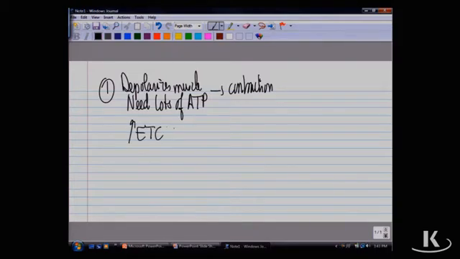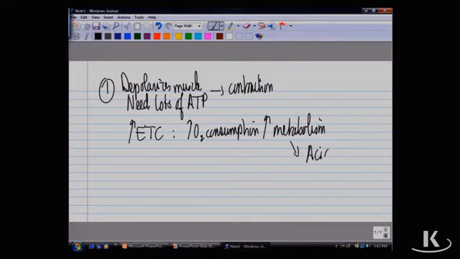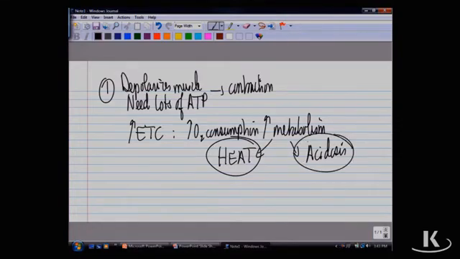Increasing electron transport chain does mean increased oxygen consumption, and also means, just like good old exercise, that you have to increase metabolism, which will cause acidosis, metabolic acidosis, and also will dissipate some energy as heat. So now you have a patient who is starting to heat up as if you were running on a treadmill because of all the muscle contraction, and a patient who is developing significant acidosis.